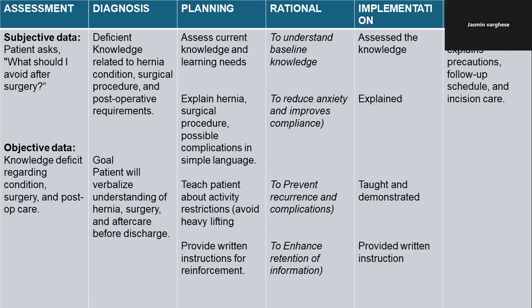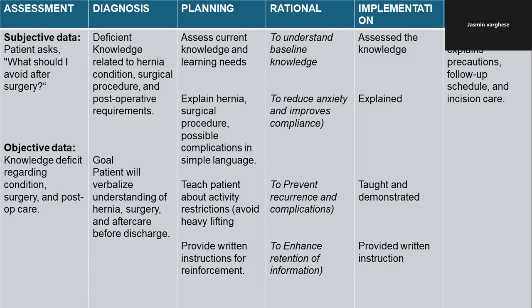Goal, the patient will verbalize understanding of hernia, surgery, and aftercare before discharge. When it comes to planning, rationale, and implementation, assess current knowledge and learning needs to understand the baseline of knowledge. Assess the knowledge, explain hernia, surgical procedure, possible complication in simple language to reduce anxiety and improve compliance.